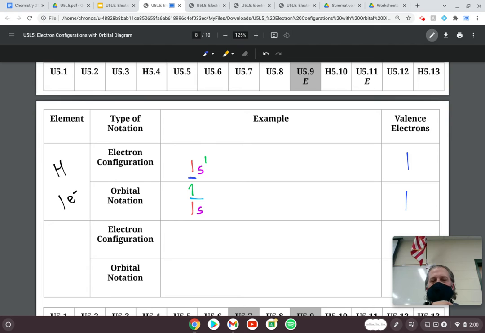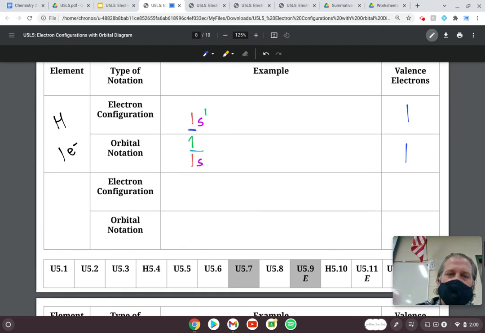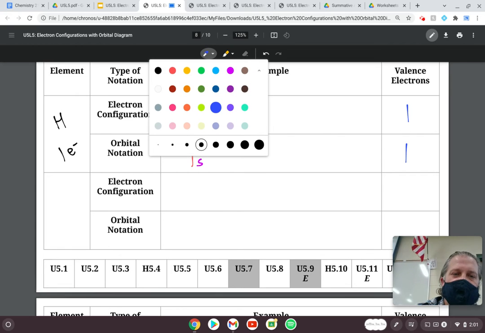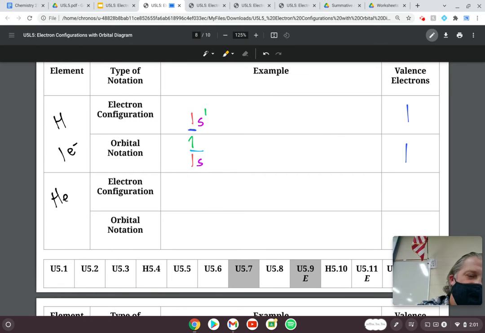The next example that we are going to try is, we're just going to really ratchet up the pressure here, helium. Helium has how many electrons? 2. Helium does have 2 electrons.